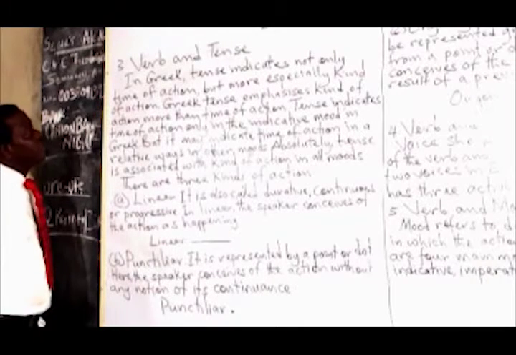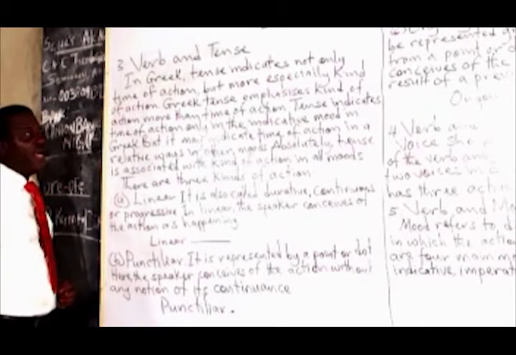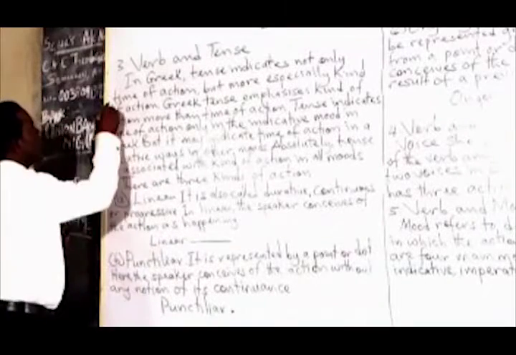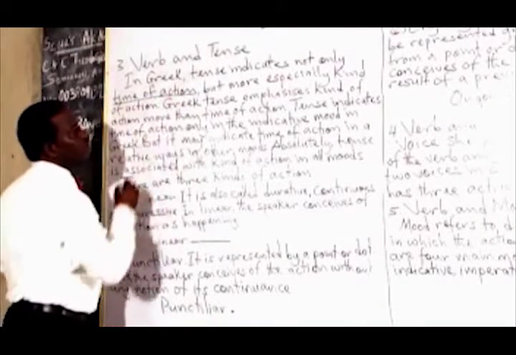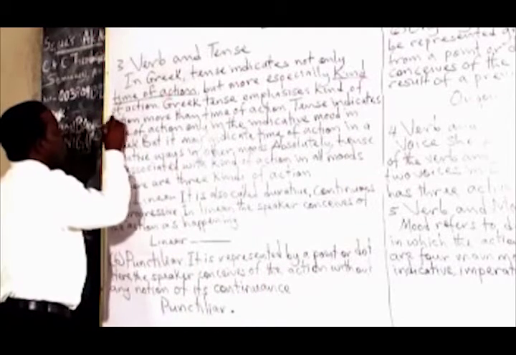The third characteristic of verb is tense. In Greek, tense indicates not only time of action, but specifically kind of action.